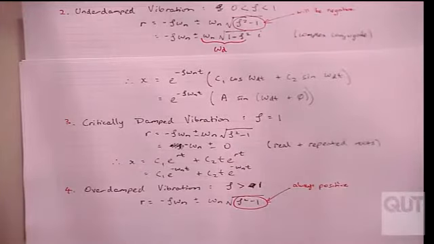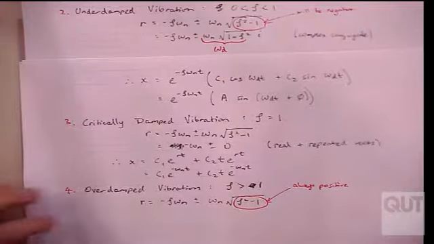So because we're always taking the square root of a positive number for our overdamped problems, we're always getting real roots.